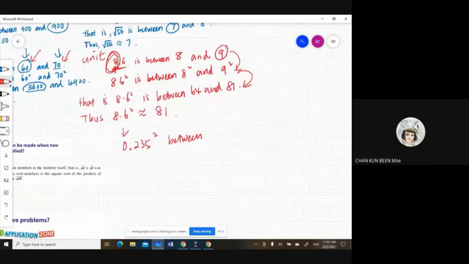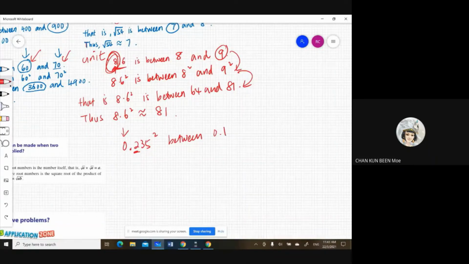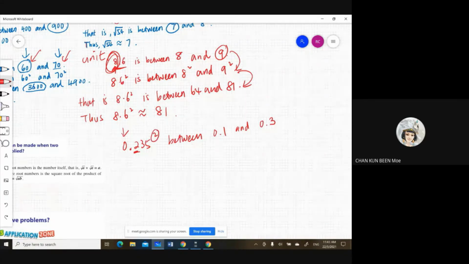You've got to think about it because this is 0.2. We are going to choose in between 0.1 and 0.3. Okay, so when it comes to squared, you add in the squared and squared here, and you continue to get the answer. That is how you determine the range.